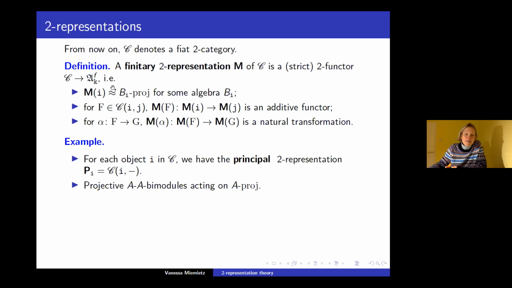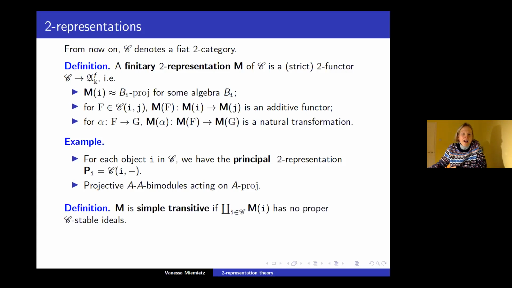Another example is these 2-categories of projective A-A bimodules where we always have to add the identity, but those of course act on projective modules. That's kind of the defining 2-representation. And so those are some examples.